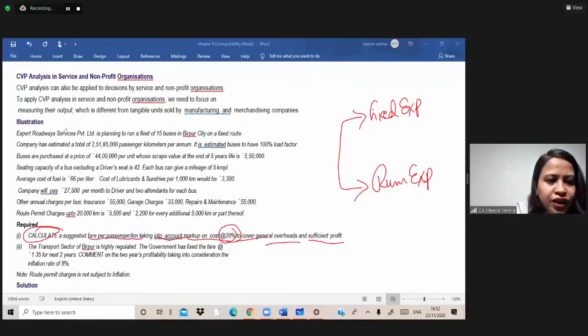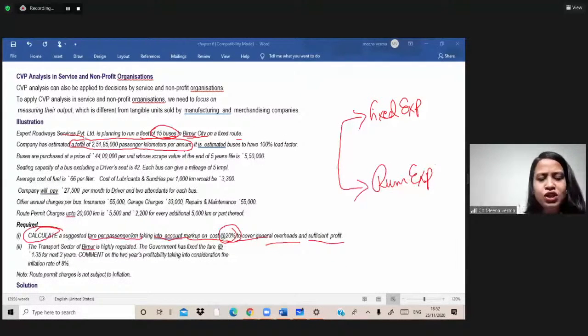Expert Roadway Service Private Limited is planning to run a fleet of 15 buses in Birpur city on a fixed route. The company has estimated the total passenger kilometer per annum for all 15 buses.